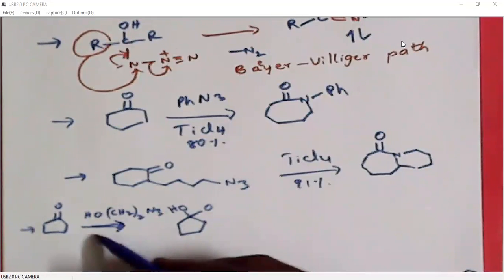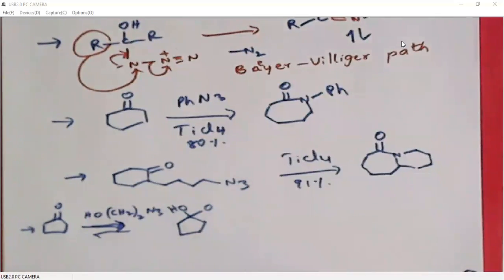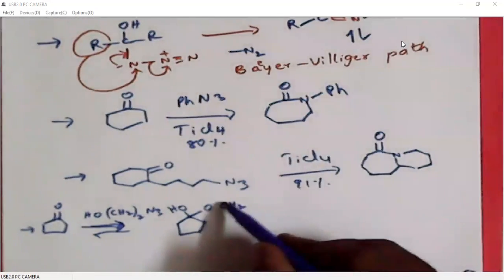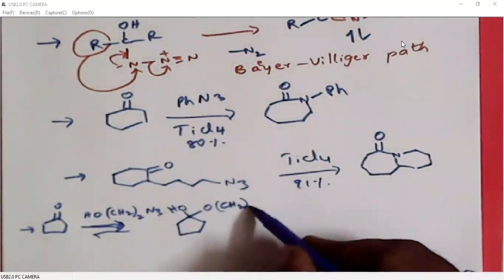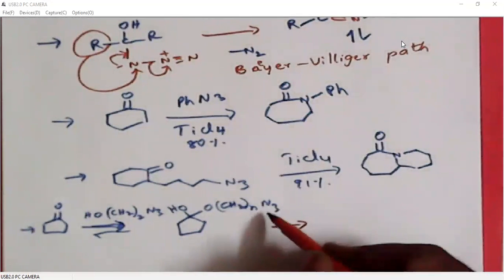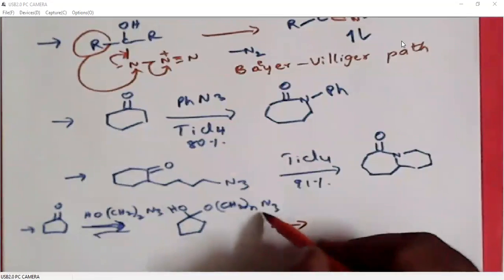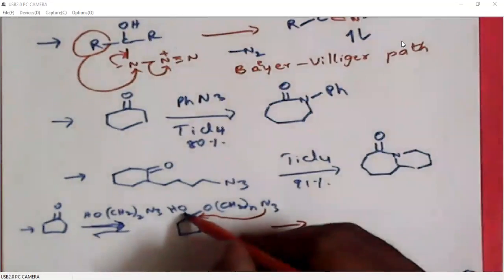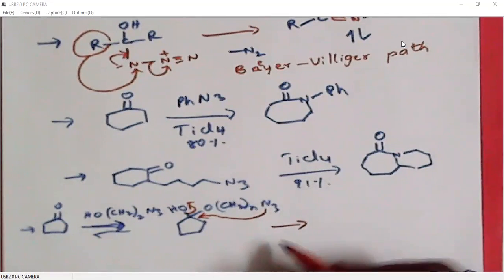So it is an equilibrium process. Ketone and alcohol may be involved in the generation of hemiacetal, and from the hemiacetal, nitrogen N- may bond to this carbon so that OH will be leaving.